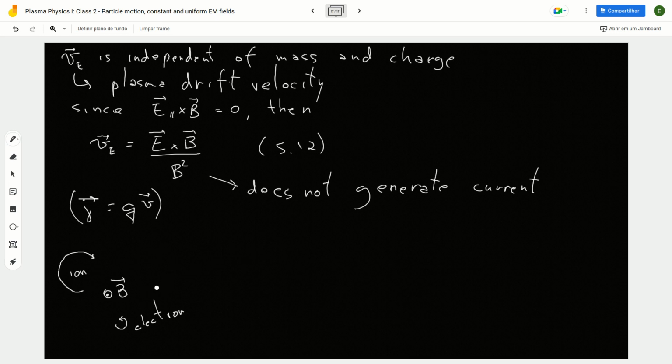Then we have the perpendicular electric field like this. So this is E perp. Then E cross B would be like here, right? This is E cross B.